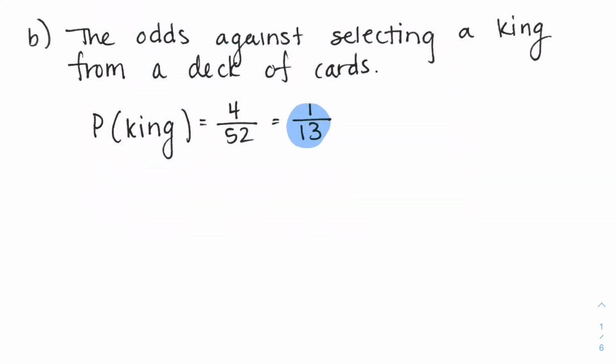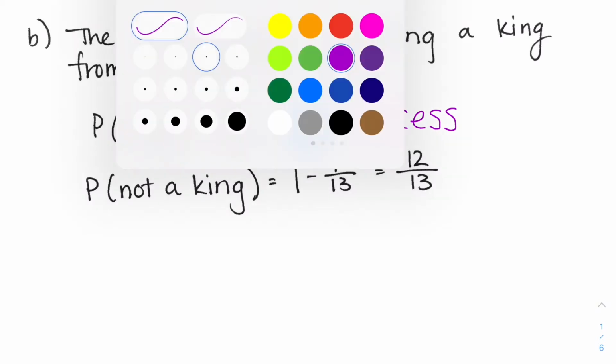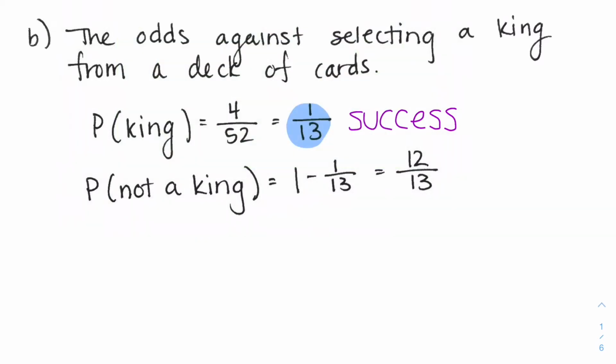So this here is our success. The probability of not a king is 1 minus that. So we get 1 minus 1 over 13, which is 12 over 13. So this is our probability of failure.